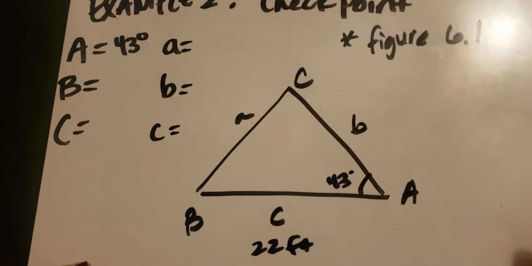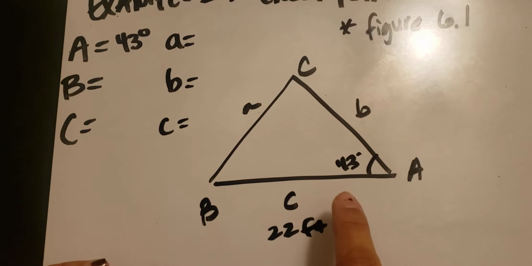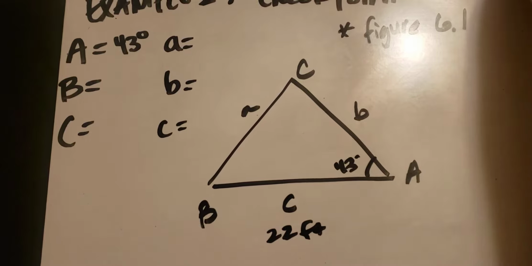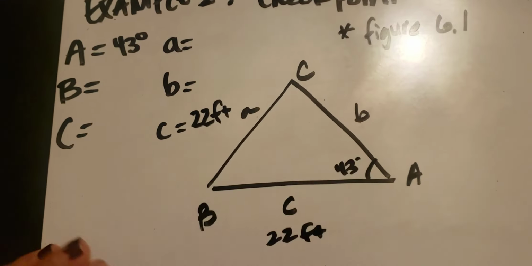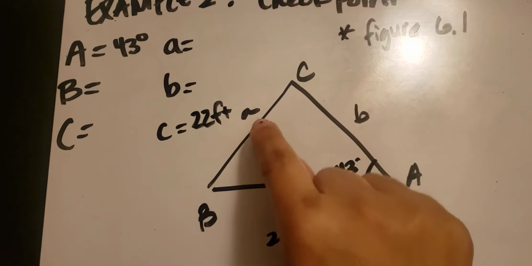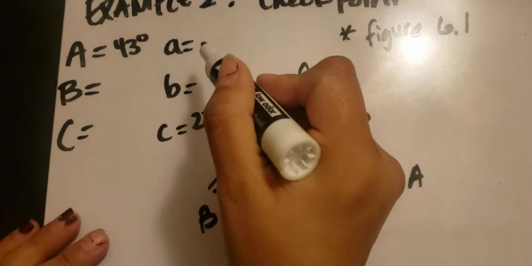Everything that we're going to have the same is angle A, which is 43 degrees, and side C, which is 22 feet. That's going to stay the same, okay? And what they want from you is how tall the pole is. So A is going to be the height of the pole, so we want this one.